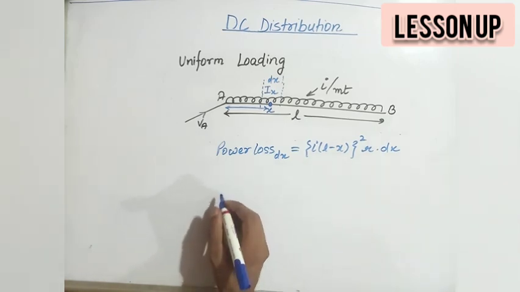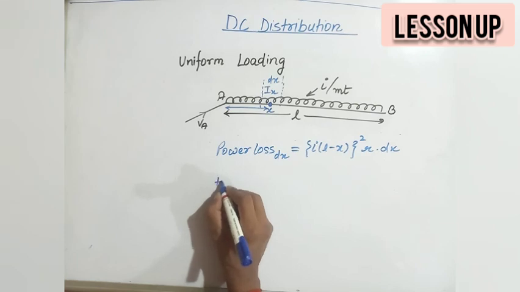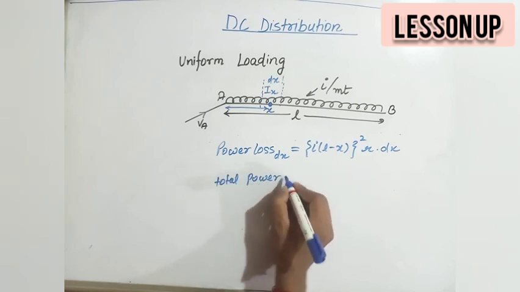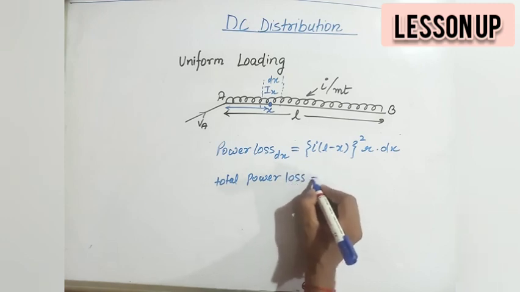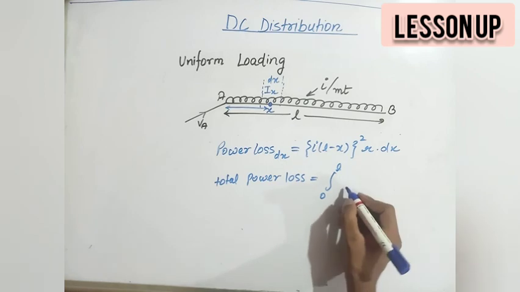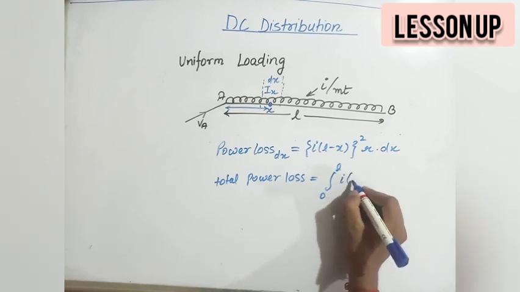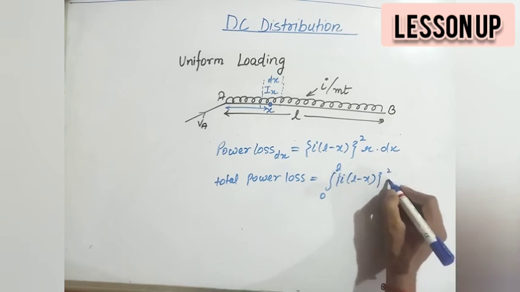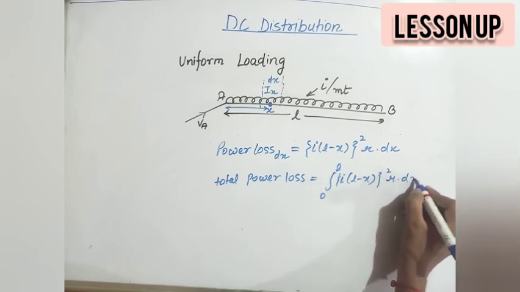Then the total power loss will be equal to integration from 0 to L, I into L minus x square R into dx.